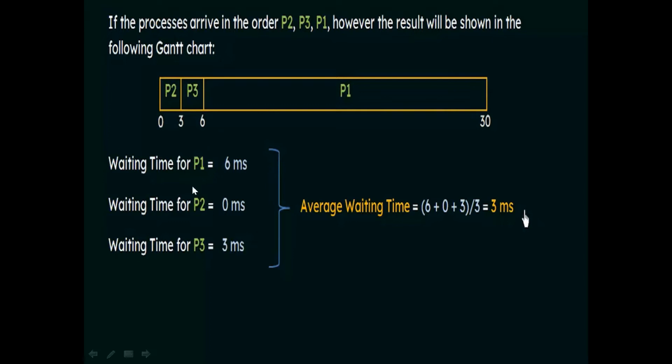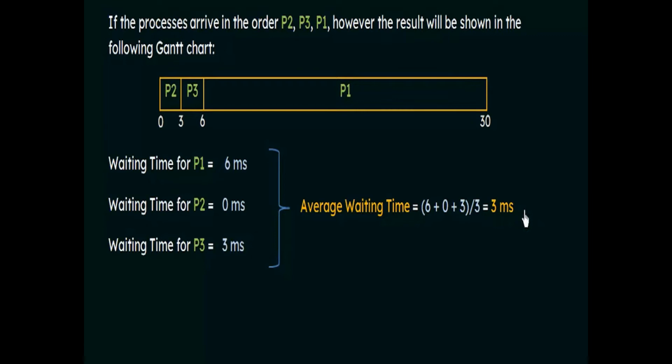The waiting time for P2 is 0 milliseconds, meaning process P2 comes and the CPU is allocated to it. And the waiting time for P3 is 3 milliseconds. Now if we calculate the average waiting time using the same formula, it is only 3 milliseconds, and in the previous case we had 17 milliseconds.